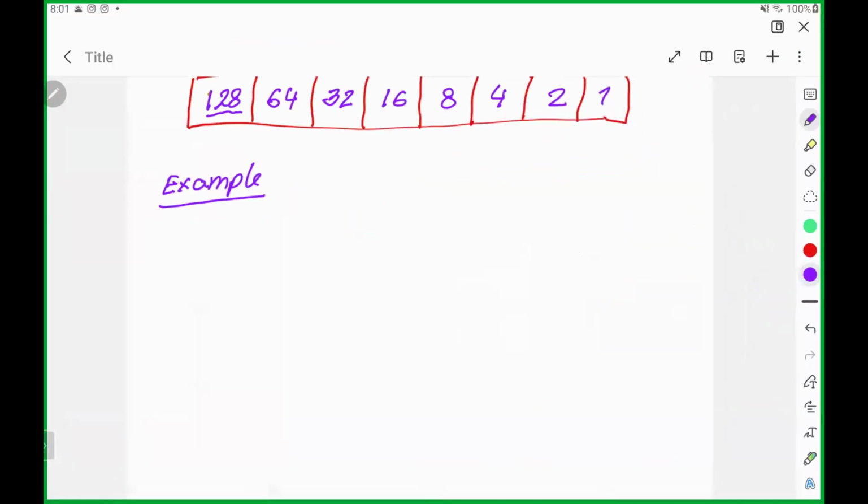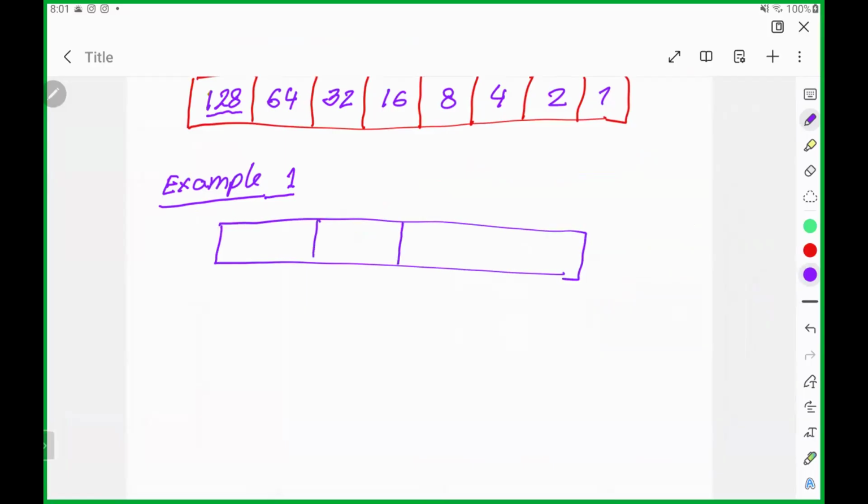So we will start with the example that has been given. Example 1: an 8-bit number is given. We will write down the 8-bit number, 1 1 0 1 1 0 1 0.